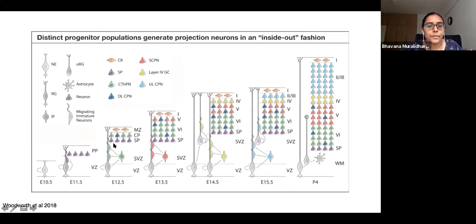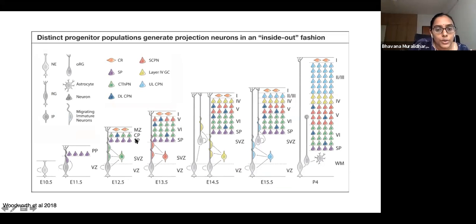The question that still lingered is, if we were to look at development from, say, embryonic day 12.5 to 15.5, what is the molecular signature of these progenitors as they go from 12.5 to 15.5? So that is one temporal axis. The other axis is the radial axis, going from the ventricular zone to the subventricular zone to the subplate and the neurons, and to the marginal zone on top.